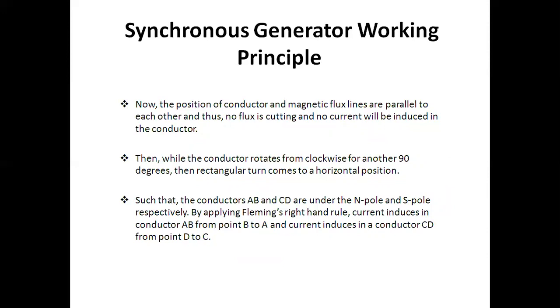Then, as the conductor rotates clockwise for another 90 degrees, the rectangular turn comes again into a horizontal position, such that the conductors AB and CD are under the North Pole and South Pole respectively. By applying the right-hand rule, current is induced in the conductor AB from point B to A, and in the conductor CD from point B to C.